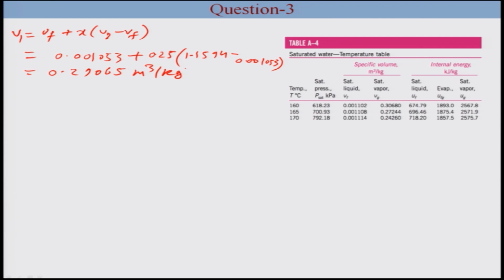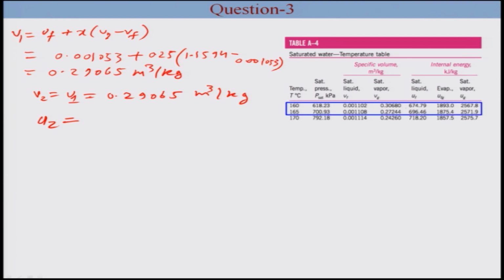Okay, so now we need to know the internal energy and specific volume at state 2. Since it is given that volume is not changing, V2 will be equal to V1, which is 0.29065 meter cube per kg. We have to calculate internal energy at this state. Internal energy can be calculated at this specific volume from this table.